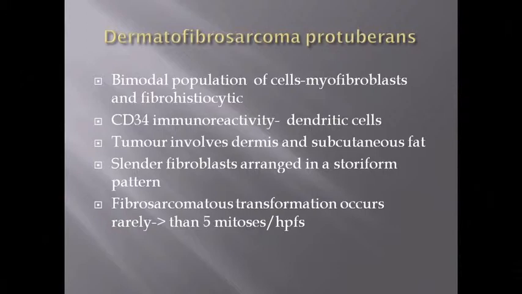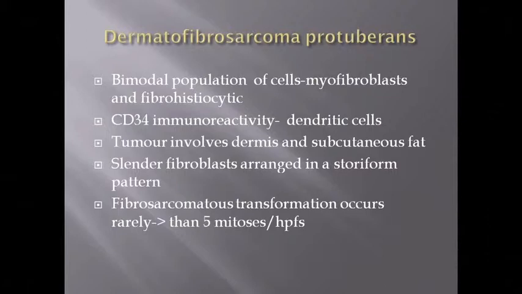CD34 immunoreactivity tells us that they could also be dendritic cells, because again, these tumors are classified in that broad category of tumors where the cell of origin is not clearly identified. People think that it could be myofibroblastic, dendritic, fibrohistiocytic, etc.